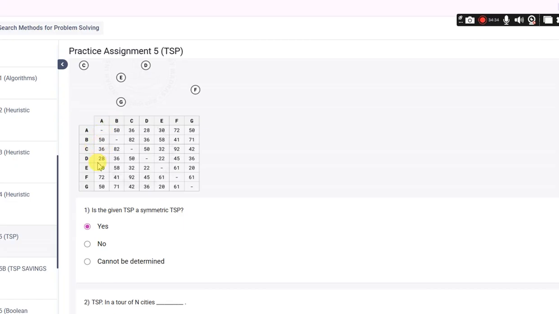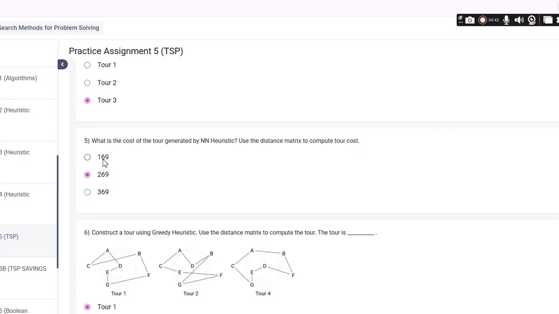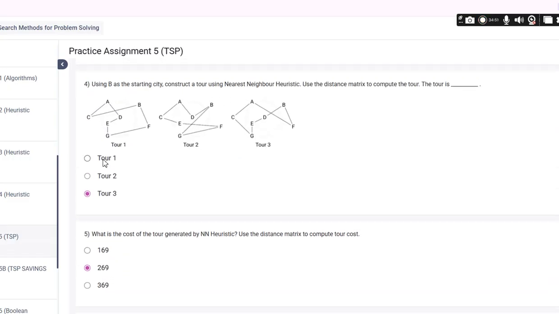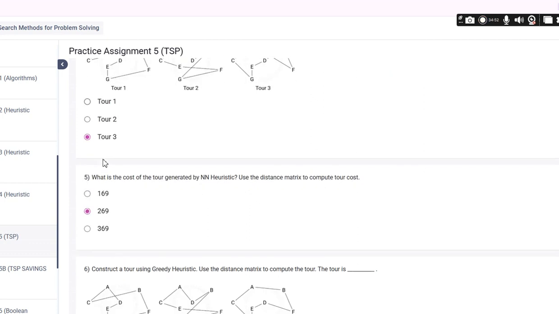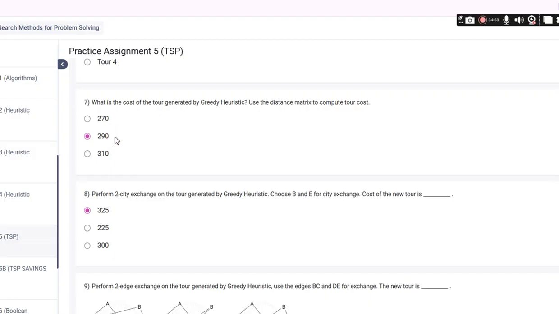From A it will go to D, then from D it will go to E or something. Yes, it will go like this. Next, the cost generated by this, if we add, we will get 290.